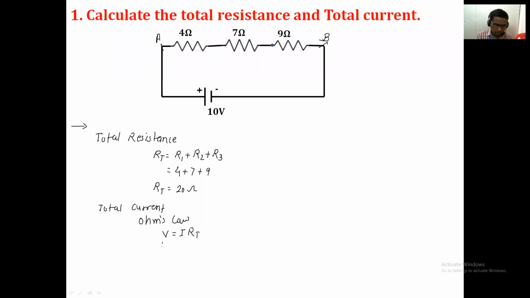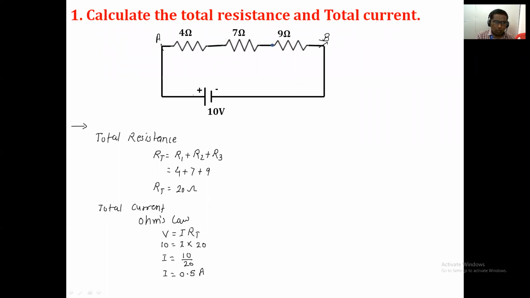So the total voltage we have is 10, I we have to calculate, multiplied by R total, which is 20. So I becomes 10 divided by 20. So can I say that I is equal to 0.5 ampere? Is that all?